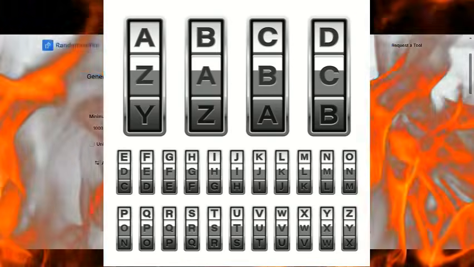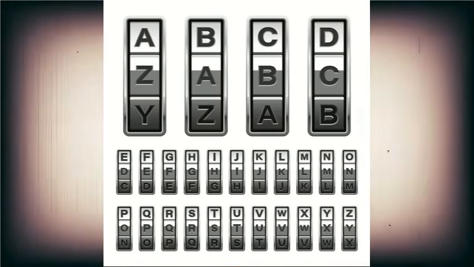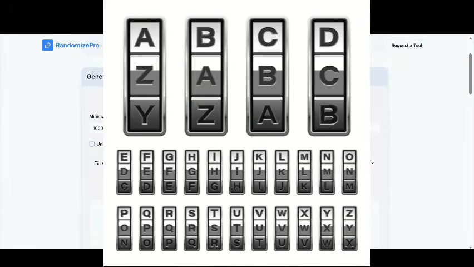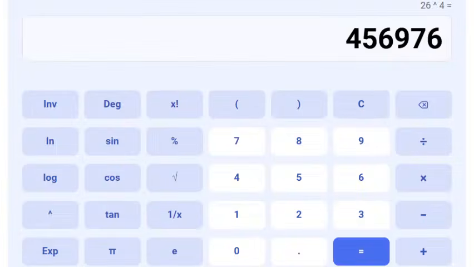Well, to do that, you would examine each position 1, 2, 3, and 4, and in each case, there are 26 possibilities. So A, B, C, D, etc., all the way up to Z. So that would give you a number of 26 to the power of 4, which is quite a big number.